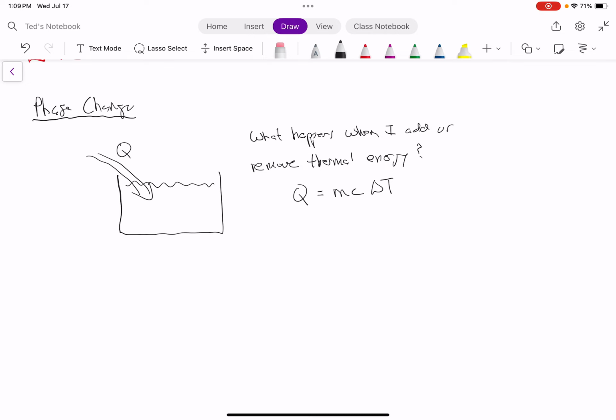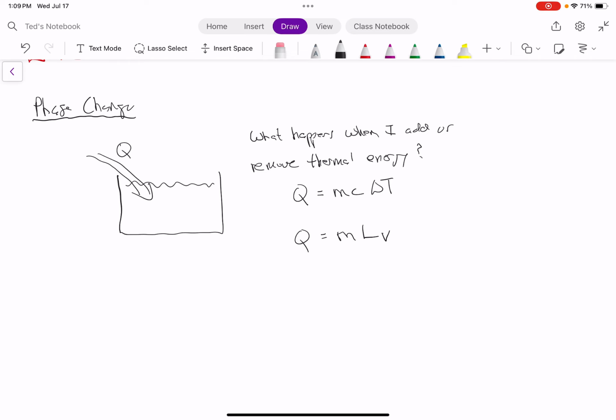So the amount of energy required to change a liquid into a gas is equal to the mass of the stuff times something called the latent heat of vaporization.